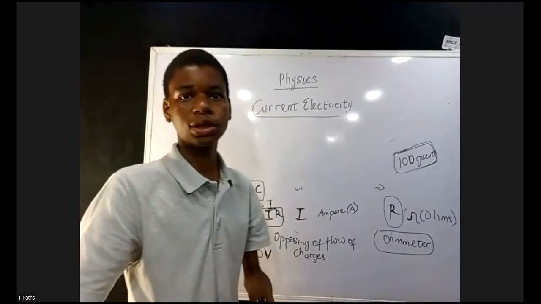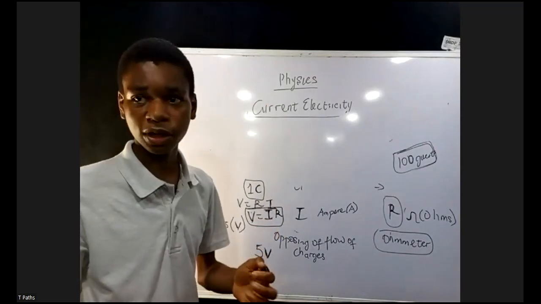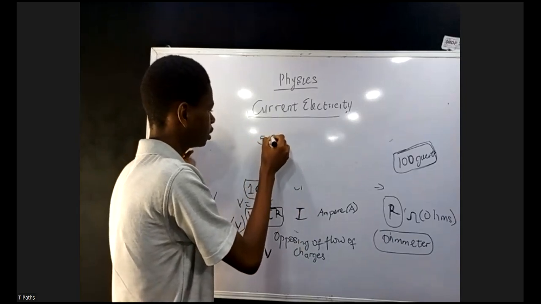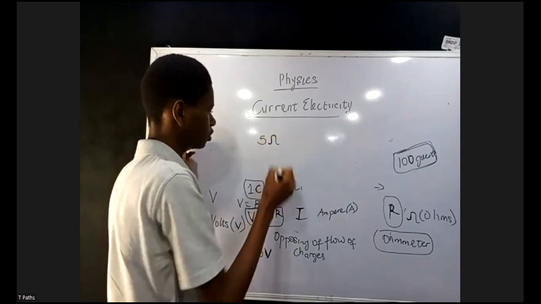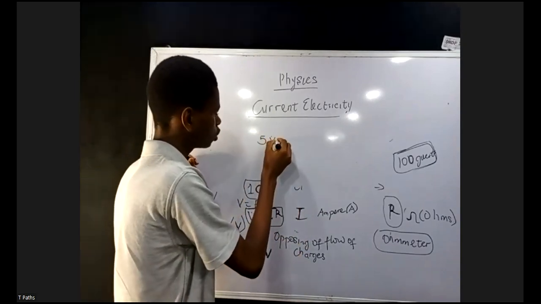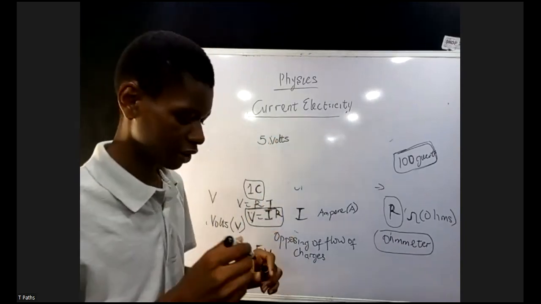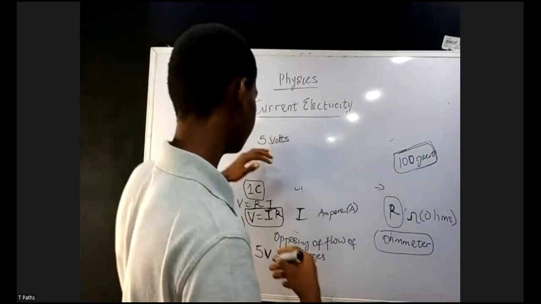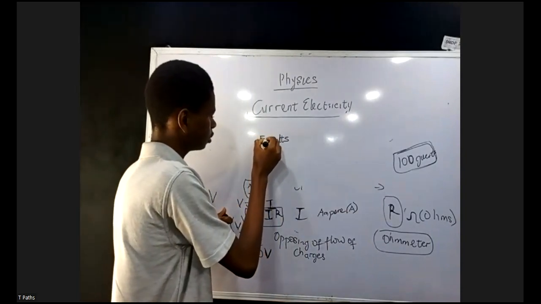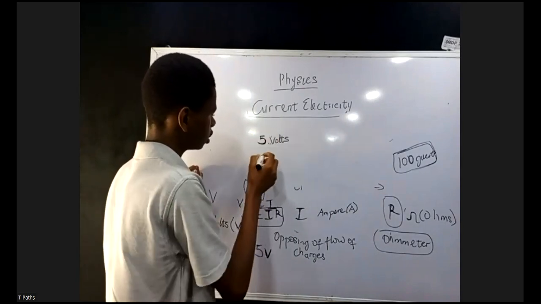So for example, the potential difference of an electric circuit is 5 volts, sorry, 5 volts, and then the resistance is 2 ohms.